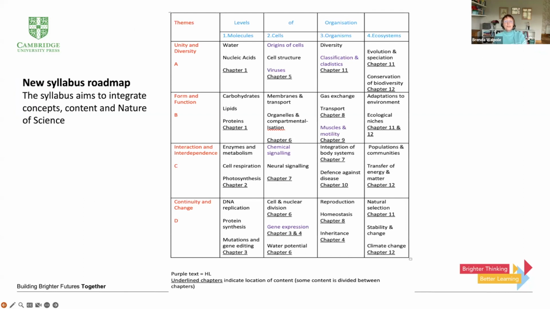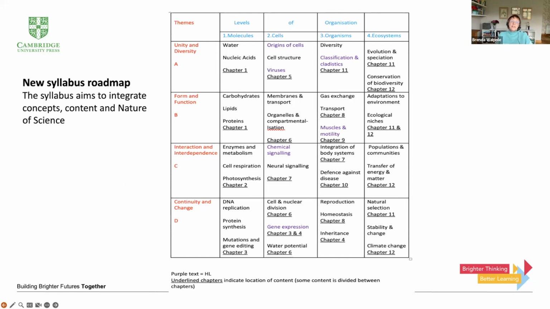So let's have a look at the new syllabus roadmap. It aims to integrate concepts, content, and nature of science as we proceed through. The first column shows you the themes: unity and diversity, form and function, interaction and interdependence, and continuity and change. Along the top rows, you see the levels of organization.